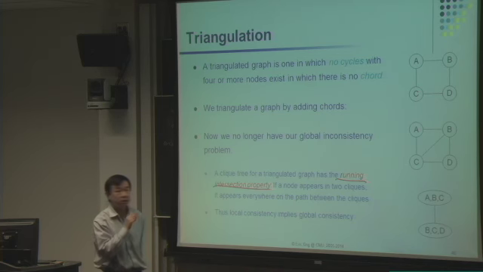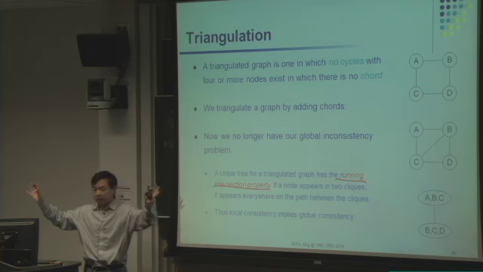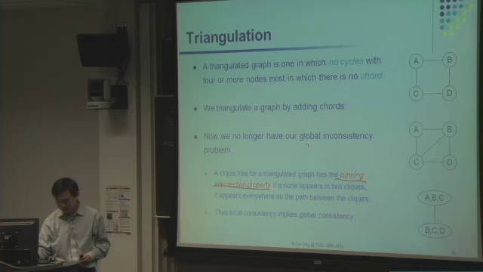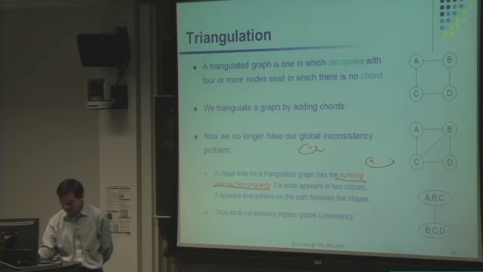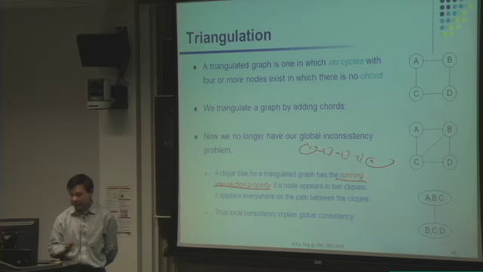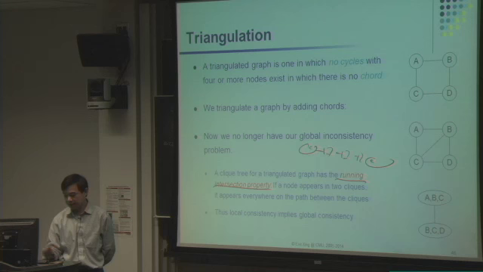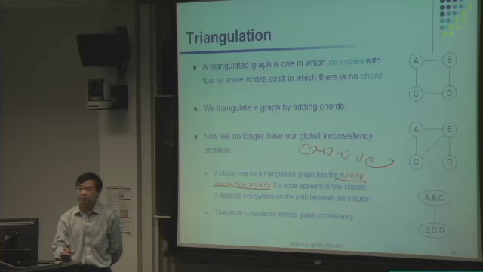It says that for any pair of potentials, let's say here and here, which contain some nodes in common, then this node must also appear in any of the potentials or cliques on the path between these 2 cliques.